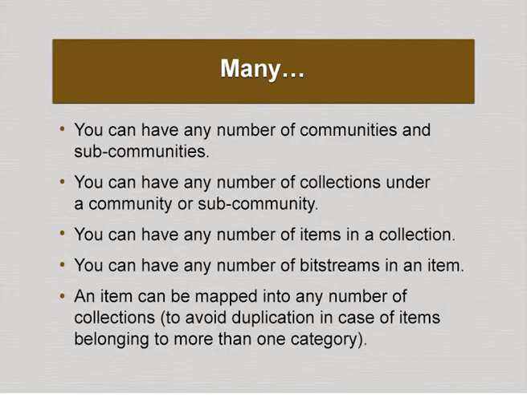An item can be mapped into any number of collections to avoid duplication in case of items belonging to more than one category. Here of course, those who remember the phase relations of Ranganathan will relate to this. For example, if there is a book on statistics for doctors, ideally the item should appear both in statistics and in medicine, in which case in a digital repository there is no problem, because you can always create a virtual item in the other subjects.